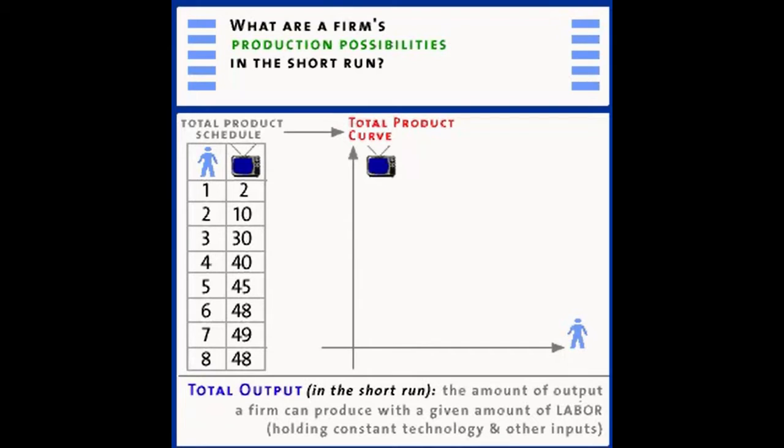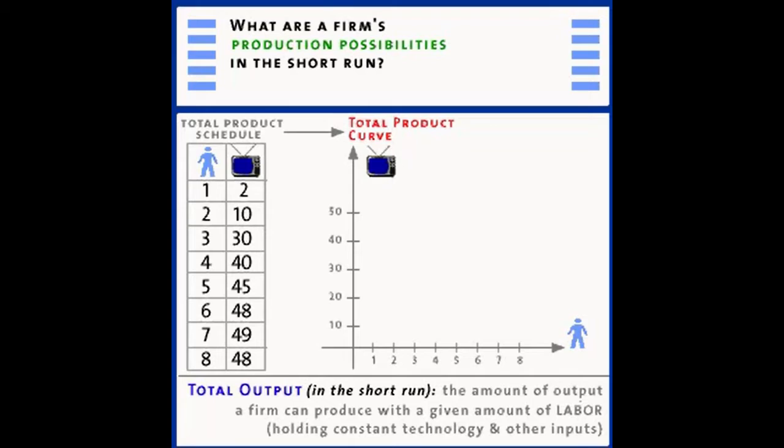Let's now take the information from the total output chart and translate it into a curve. So the first point on our curve will be 1 worker and 2 television sets, and I'll put a red dot right here at this point to represent this possibility. If the firm employs 1 worker in a factory of a given size with a given quantity of tools and so forth, they will get 2 televisions per week.